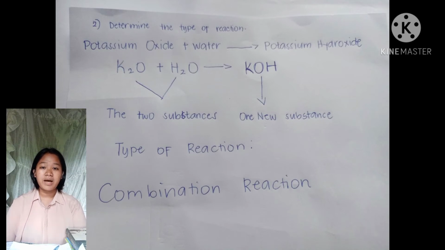So from the word combined together, it is easily determined what type of reaction this is. So it is a combination reaction. Also sa katong example sa mga videos nga gihatag ni ma'am, dito na ang different types of reaction, and this type belongs to the combination reaction, sa example nga A plus B combining together form a new substance which is AB.